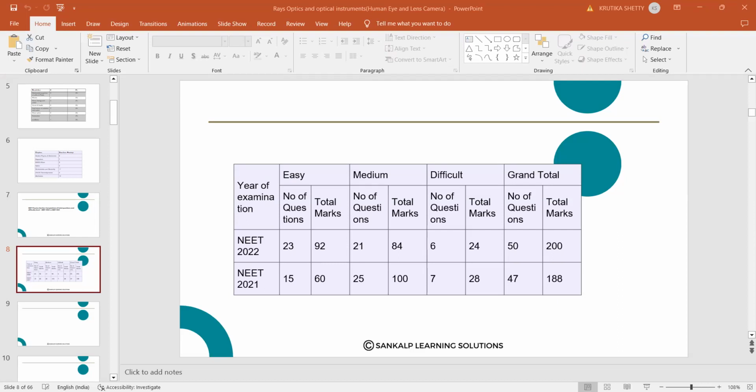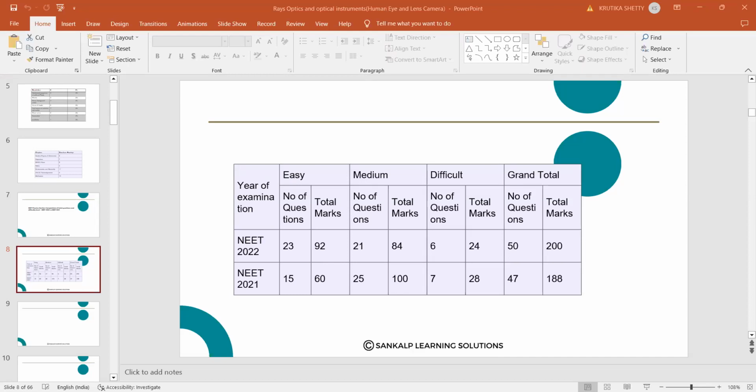Therefore, the value of this 1 upon 4 pi epsilon naught is 9 into 10 to the power 9 Newton meter square per Coulomb square. Then what is epsilon naught? It is permittivity of the free space. Okay? See its value.